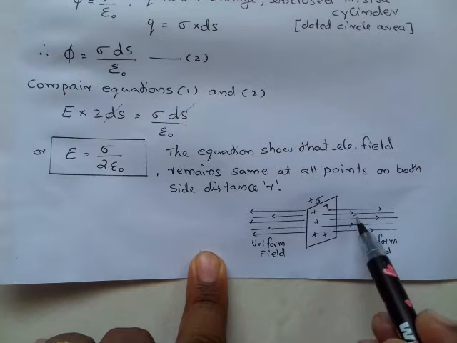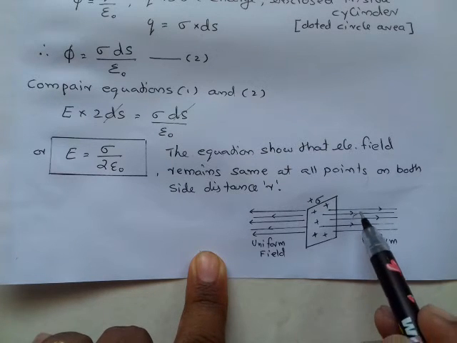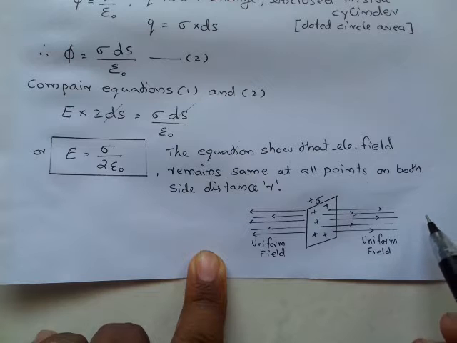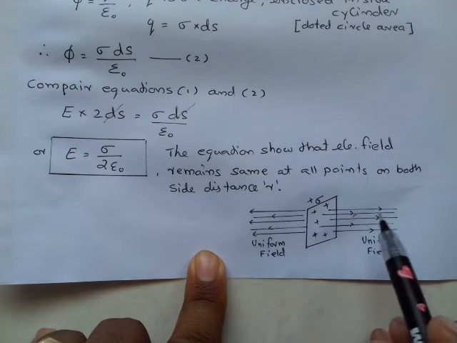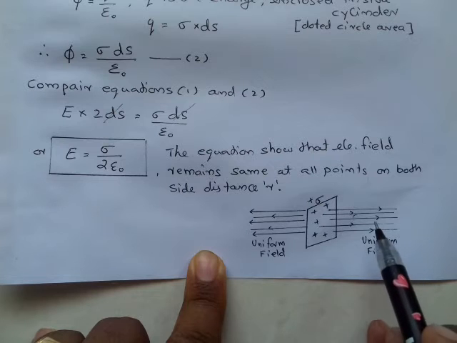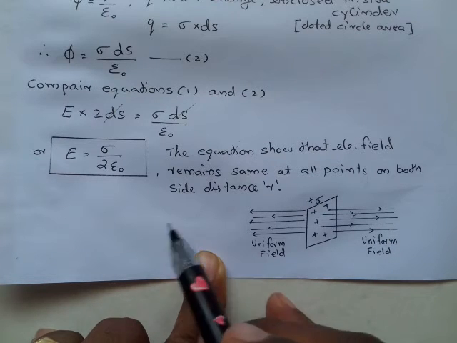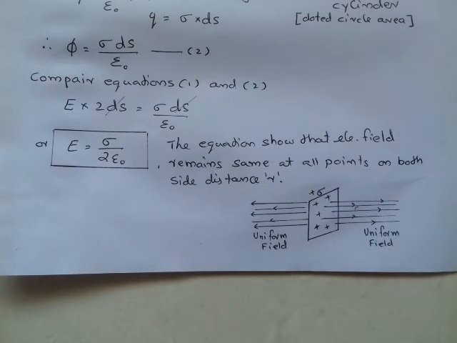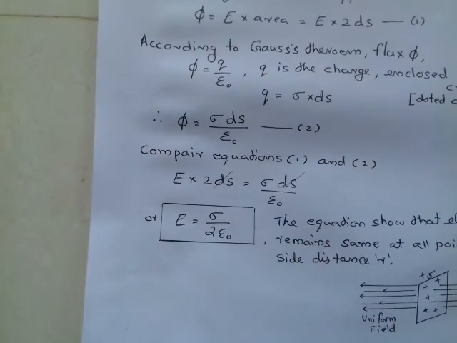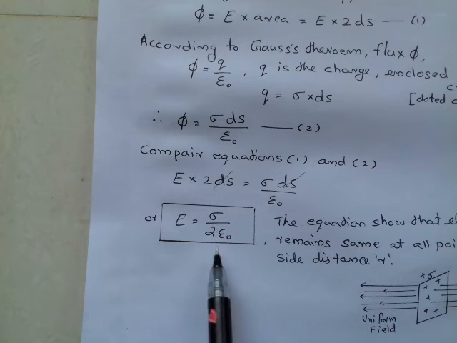If you take a unit area here, say we can count up to 200 lines. If you take the area here, that is also 200, because all the lines are parallel. Also it is a uniform electric field. So anywhere the electric field will be the same on the left side or right side of the plate. So the final equation, remember, E equal to sigma by 2 epsilon 0.